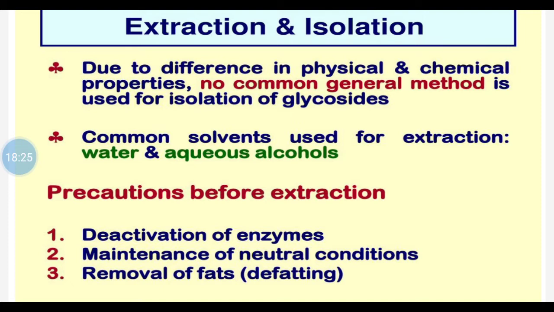But the solvents that are used may be water, and even alcohol can be used. Now, some precautions are very important which are to be followed before extraction: deactivation of enzymes, maintenance of neutral condition and removal of fats, isn't it? So these three steps are to be followed and maintained for proper extraction of the glycosides from the plant.